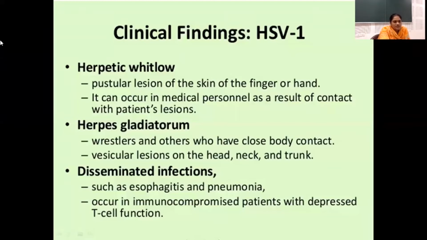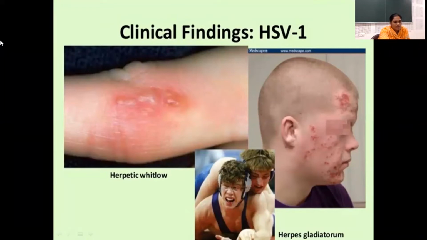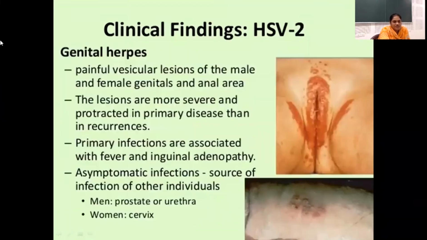Herpes gladiatorum, seen in wrestlers and others who have close body contact, shows vesicular lesions on the head, neck, and trunk. And esophagitis and pneumonia can be seen. It occurs in immunocompromised patients with depressed T cell function. So these are the pictures of the clinical findings of HSV.